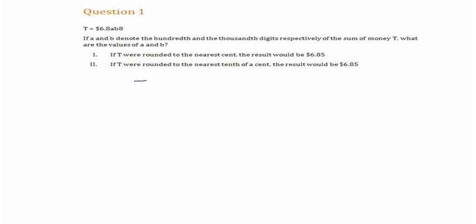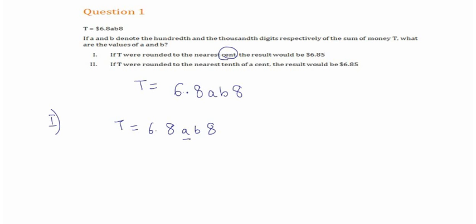What is given is T is equal to 6.8AB8. Let me try using the first statement first. T is 6.8AB8. The statement states that if T were rounded to the nearest cent, so what is a cent?